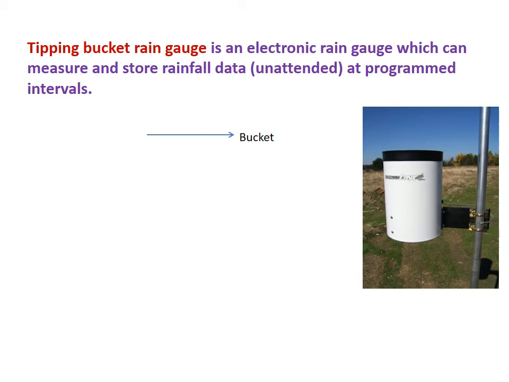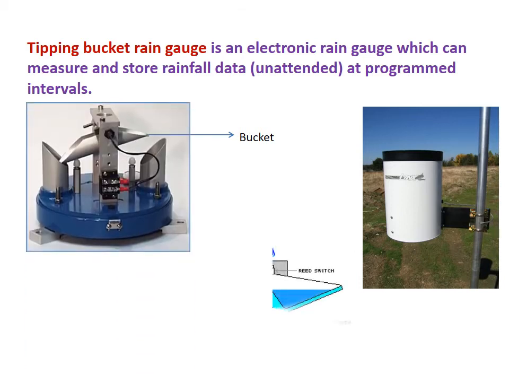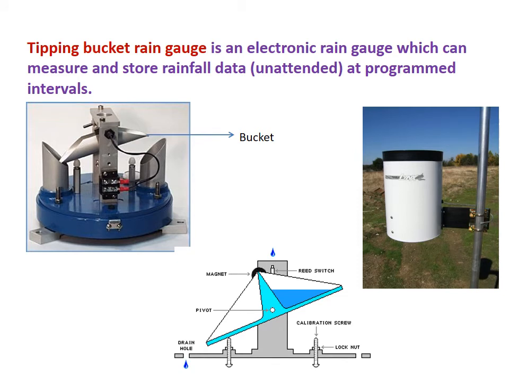As you see in the first figure, if you open this particular instrument, you will see that there are two buckets which will be tipping over based on gravity. This also has a funnel at the top, and it is collecting water, and the water, instead of going to a vessel, goes to one of these tipping buckets which is in position.